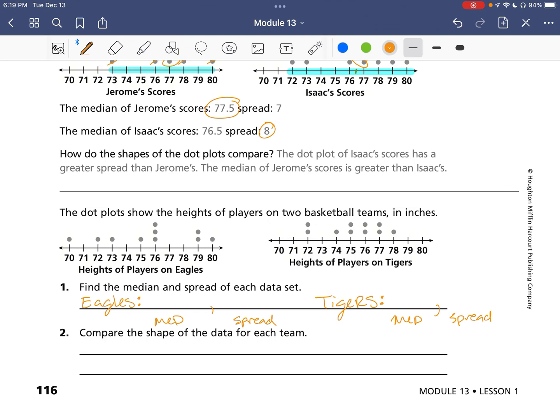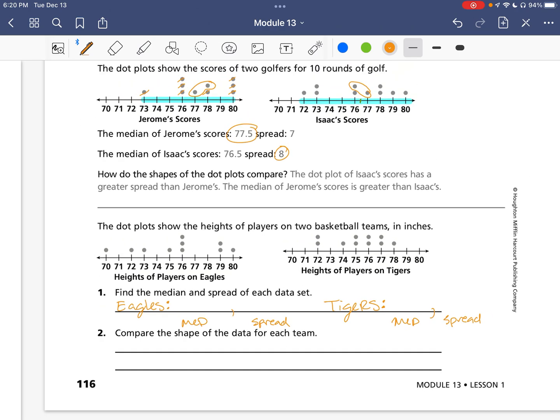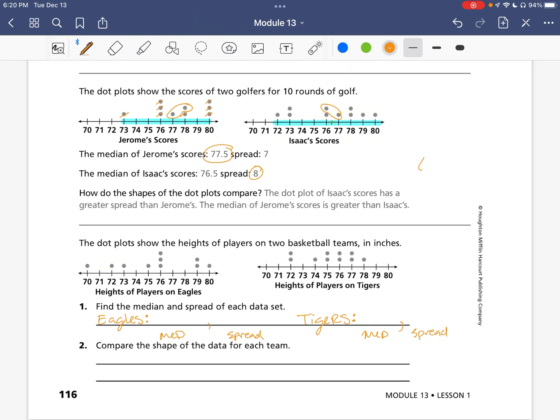And then we're going to compare them. So pause the video, look at your notes from up top here. What did we do with our top question? You can use those skills, those strategies to solve number one, and then make some conclusions for number two. So pause the video, give it a shot, unpause when you think you have the answer.